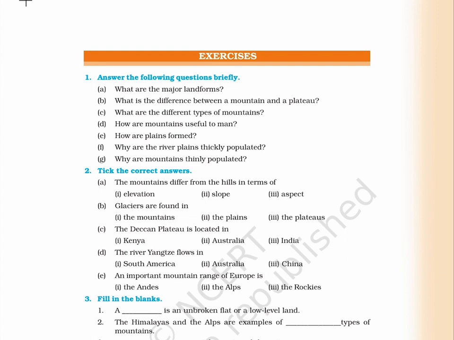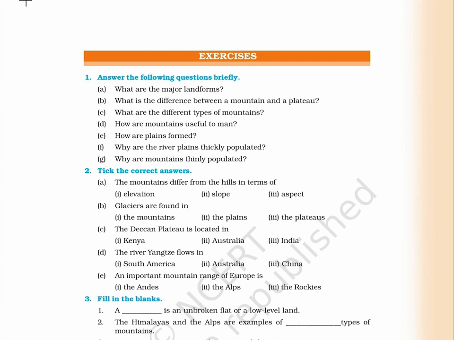2. Tick the correct answers. A. The mountains differ from the hills in terms of 1. Elevation, 2. Slope, 3. Aspect. B. Glaciers are found in 1. The mountains, 2. The plains, 3. The plateaus. C. The Deccan Plateau is located in 1.